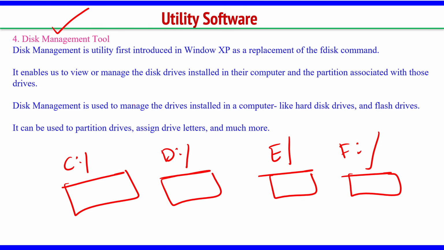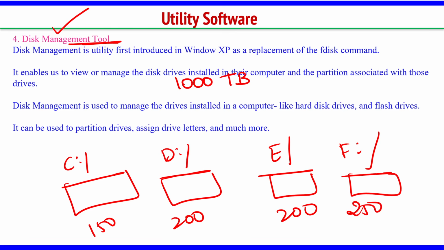So if you are using this disk management tool, you can see, if I have 1000 TB storage in my laptop, I have given 150 for this, 200 for this, 200 for this and 250 for this, or maybe 450 for the F drive.